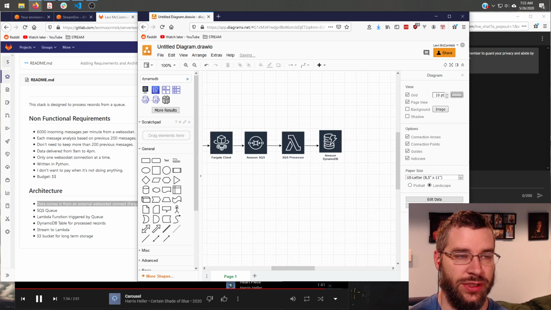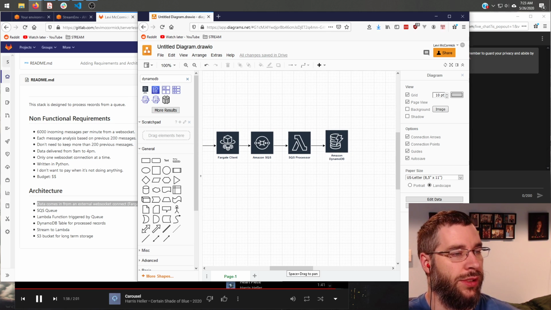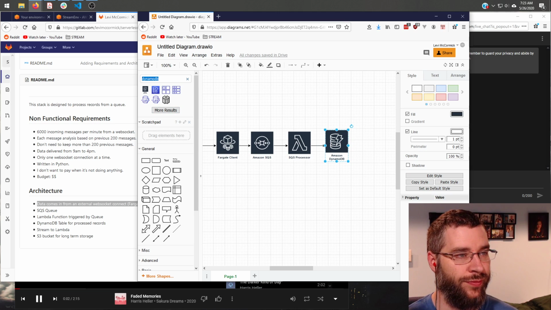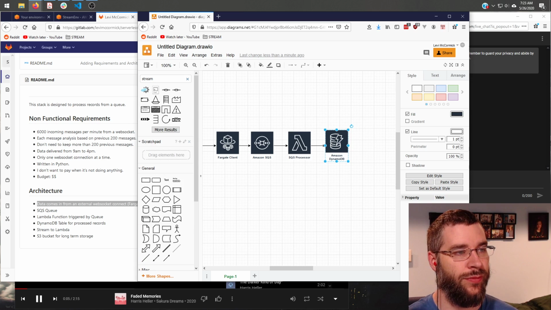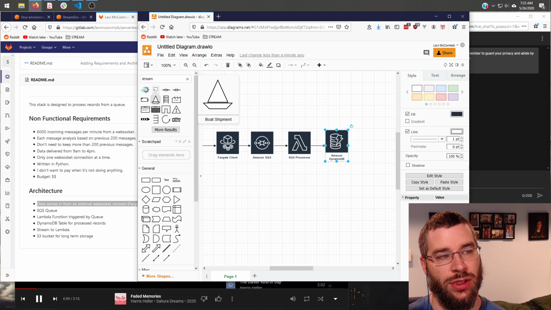Now I've extended the diagram. I don't know what this boat icon is for, but now I definitely want to use it.